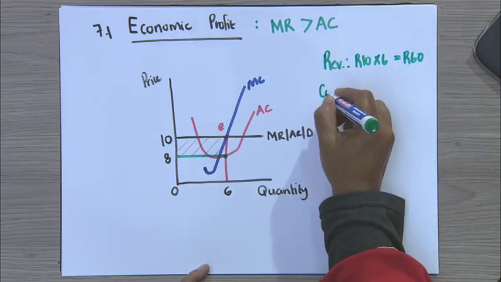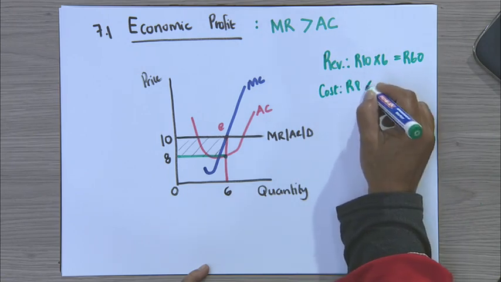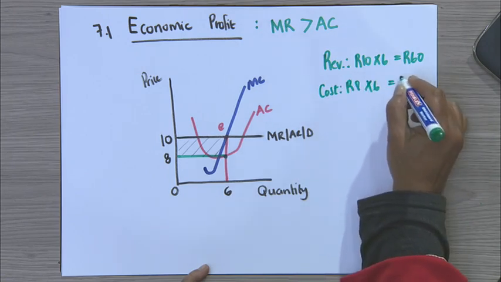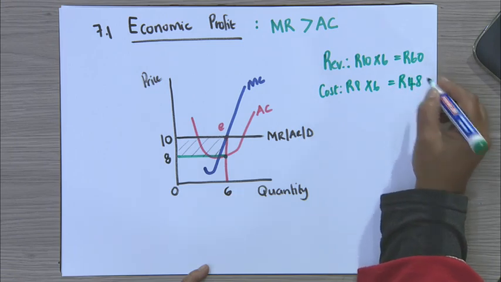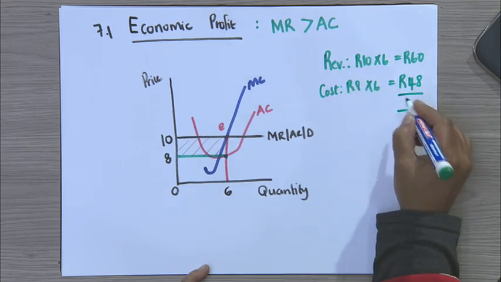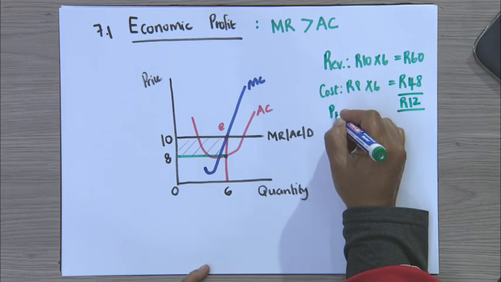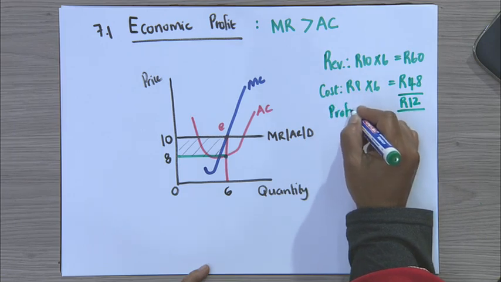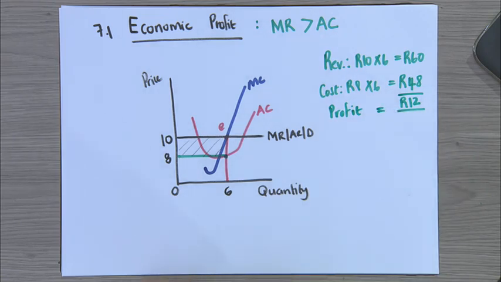My cost, on the other hand, is the 8 rand times the 6 units, which is going to be 8 times 6 is 48 rand. And my revenue minus my cost gives me 12 rand. So therefore, my profit is equal to 12 rand.